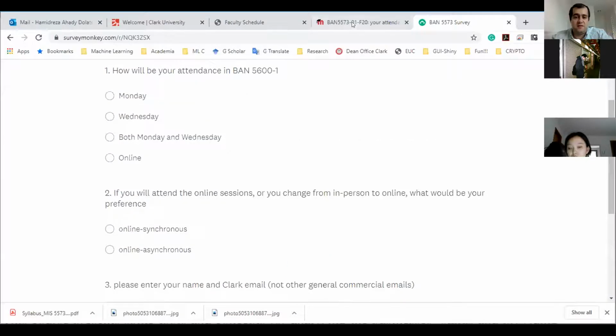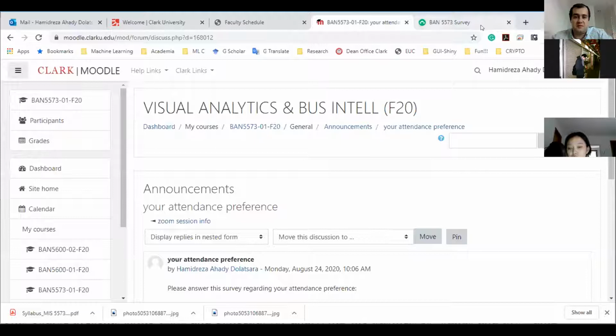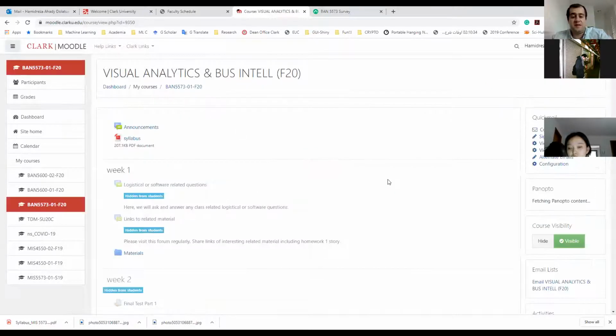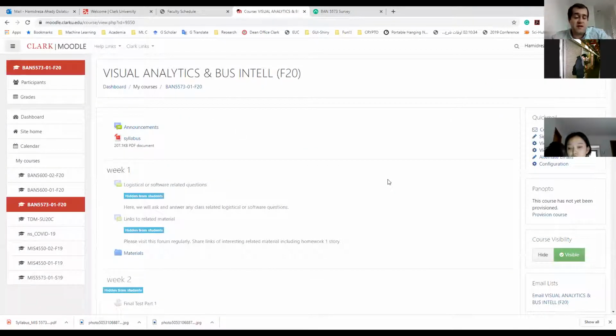But again, if the number of students stays the same, probably there's no limitation for your in-person sessions. But let's see. Again, today I was not sure how many of you want to be in the in-person sessions. So for today, I made it completely online, synchronous and asynchronous for people who cannot attend.